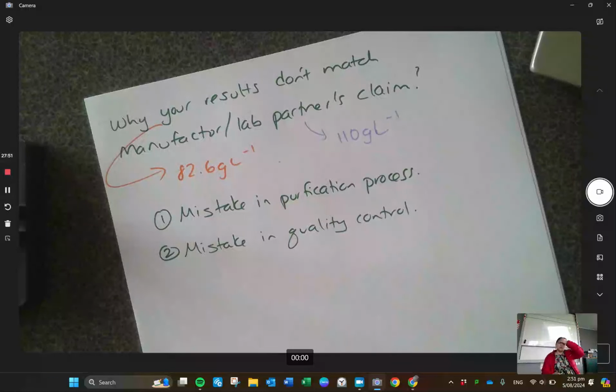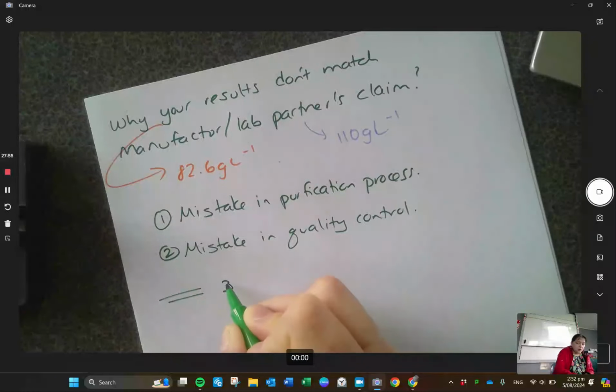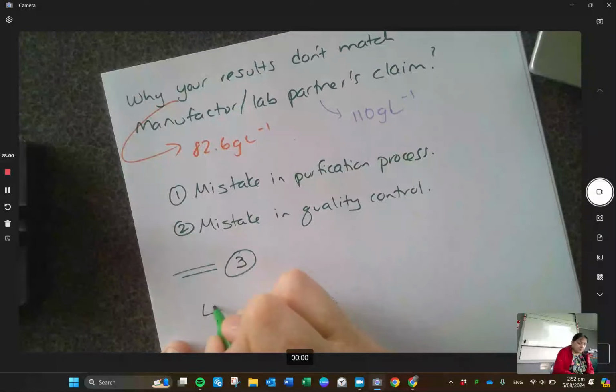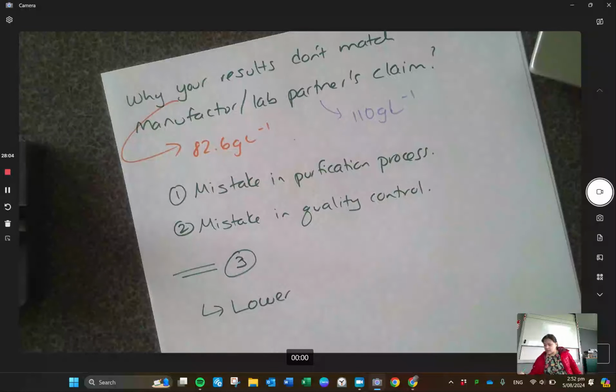All right, so those are pretty generic ones, but the ones that are more specific, which is number 3, you have two choices depending on what has happened. If something is lower, or your results are lower than the original, it could be the result of you're testing an old sample, and the old sample could have degraded.